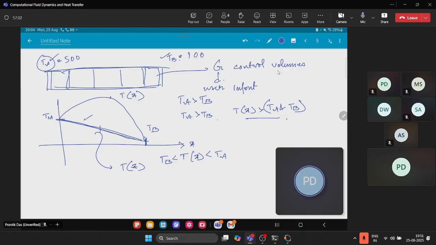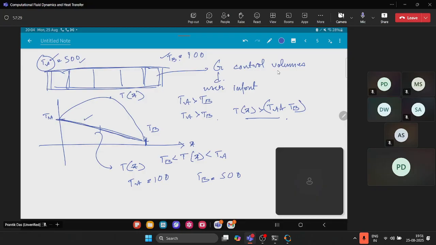So if my east face is 500 and TA is 100, then the slope changes, no? So it looks like this one. Okay, so you have taken in this case TB, the east end, as 100 and west end as 500. Okay, then understood. So we can take the other case also.